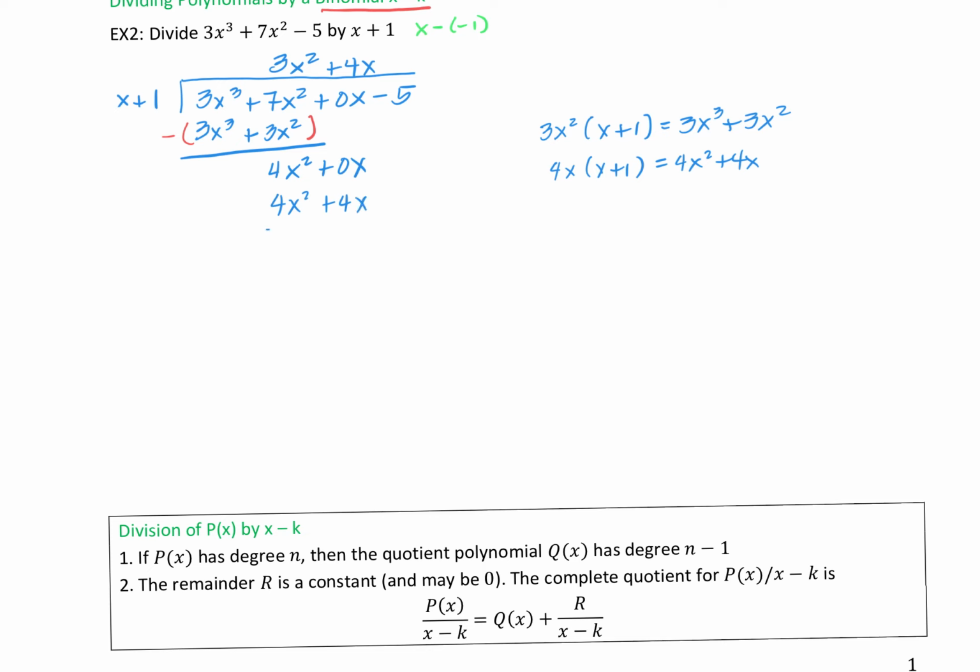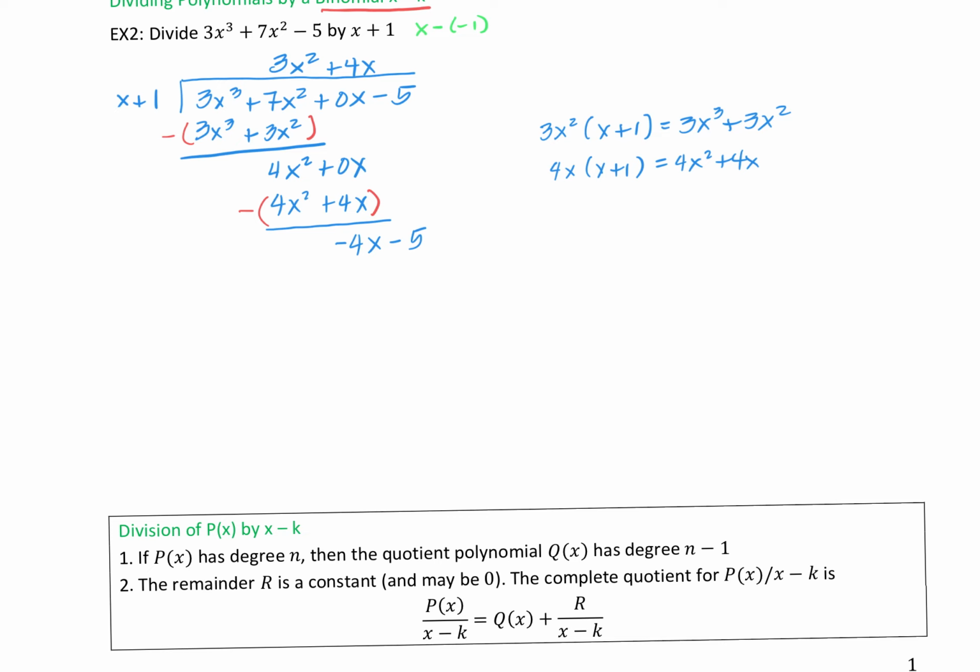And since we're doing long division, we're going to subtract down. So 4x squared minus 4x squared is 0. 0x minus 4x would be a negative 4x. Bring down the last term, the minus 5.